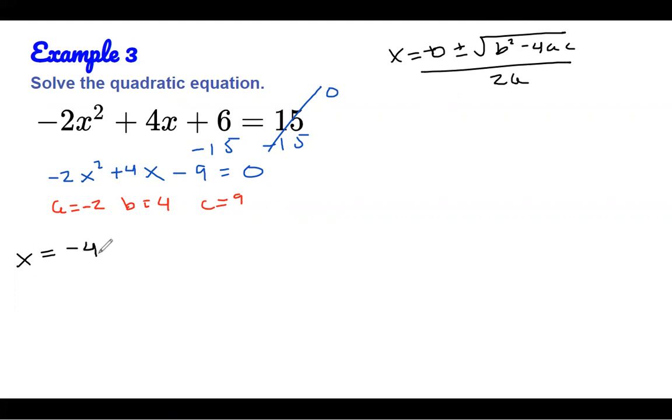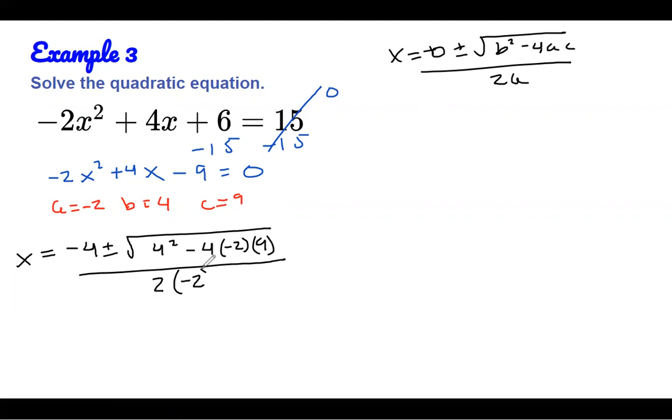4, so negative 4 plus or minus square root of 4 squared minus 4 times negative 2 times negative 9, all over negative 2. All right, let's go ahead and simplify. Who hasn't been selected yet?